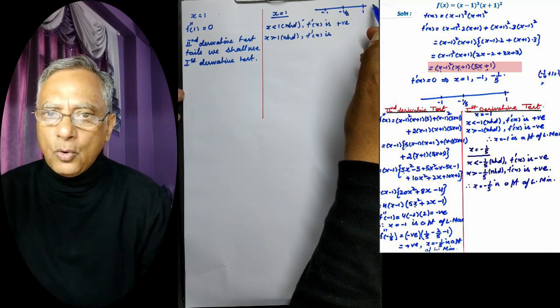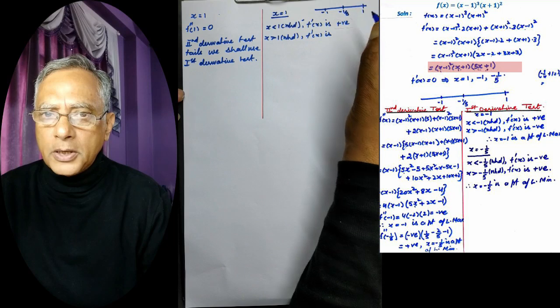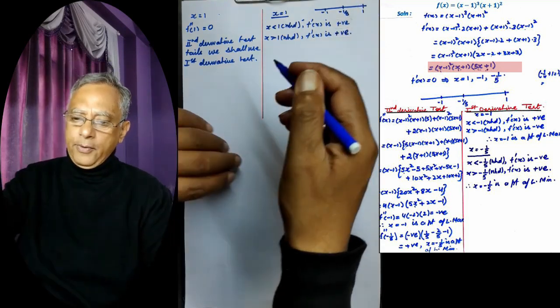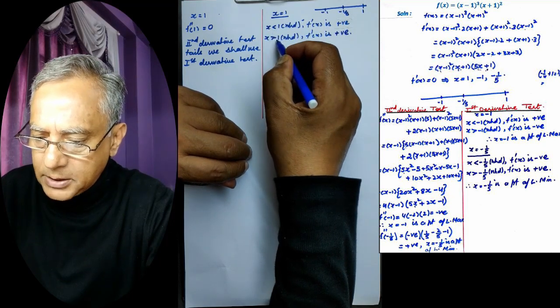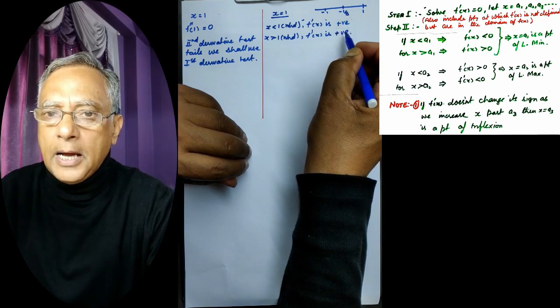x minus 1 whole square is positive throughout, and x plus 1 at x equal to 2 is 3. And 5x plus 1 at x equal to 2 is 11. Positive into positive into positive is positive. So what we note is that as we increase x past 1, the sign of f dash x remains unchanged.